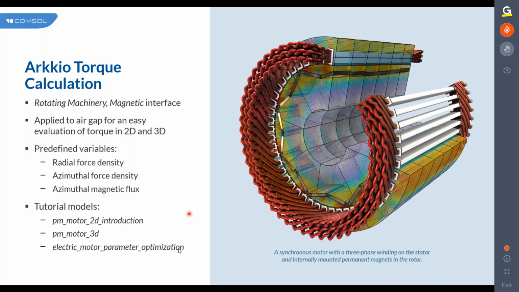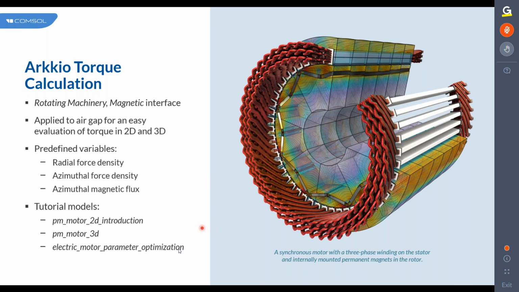Once the electromagnetic modeling is done, the next step would be to extract the torque, basically the electromagnetic forces that produce this particular torque at the interface of the rotor and the stator. For that, we have this arcuate torque calculation feature, with several predefined inbuilt variables that calculate the radial force density, azimuthal force density, and also the magnetic flux.